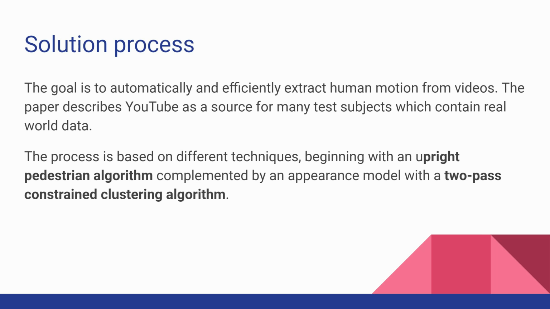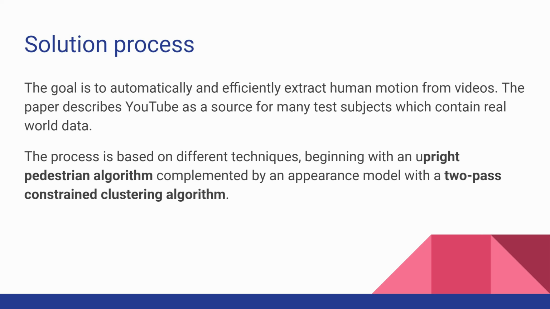The goal is to automatically and efficiently extract human motion from videos. The paper describes YouTube as a source for many test subjects which contain real-world data. So they actually use real footage, and in their experiment, which we'll get to later, they take many samples and test their process against the standard algorithms.